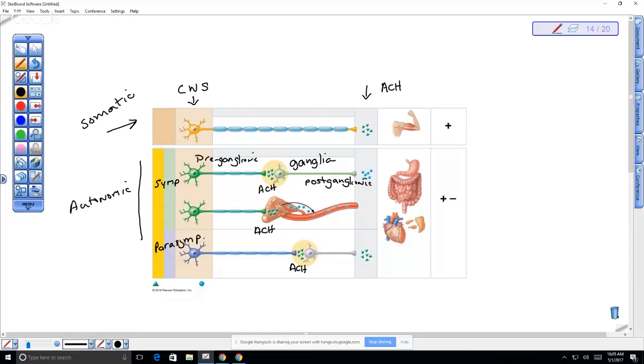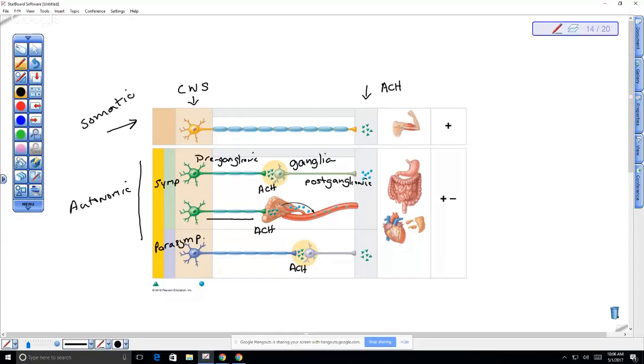Now, one of the really interesting things about this one is that you'll notice that it doesn't have a ganglion, but it actually immediately synapses with the nervous tissue in the adrenal gland. And so they actually think that the center of the adrenal gland, which is nervous tissue, the outside is gland, but the inside is nervous tissue, is actually a misplaced ganglion during development.